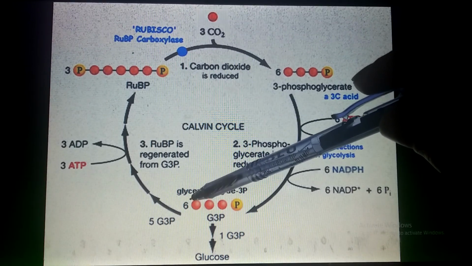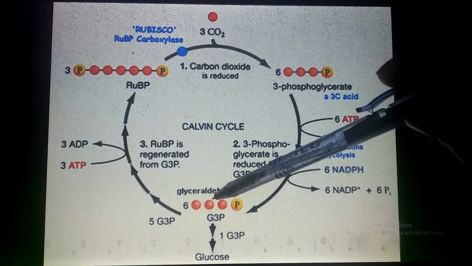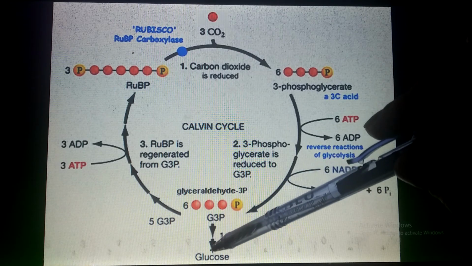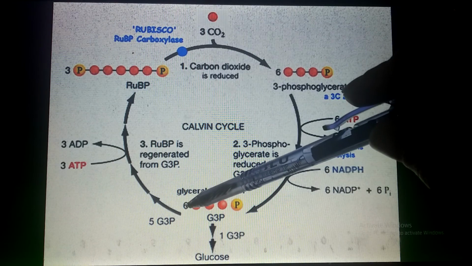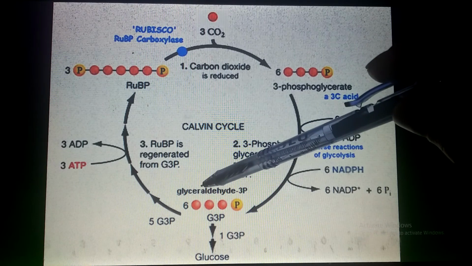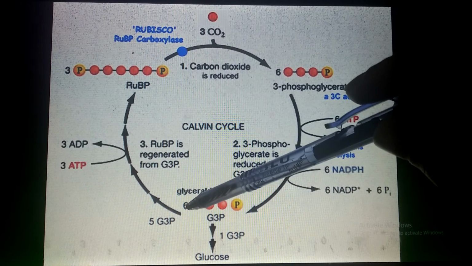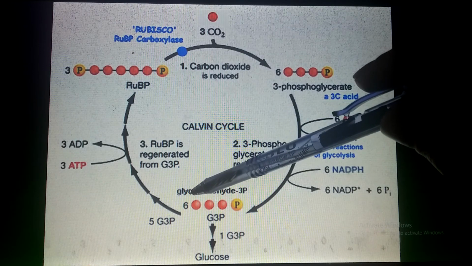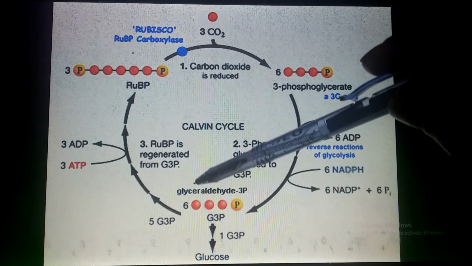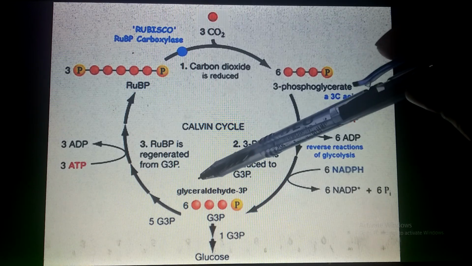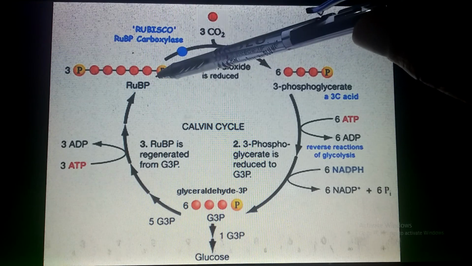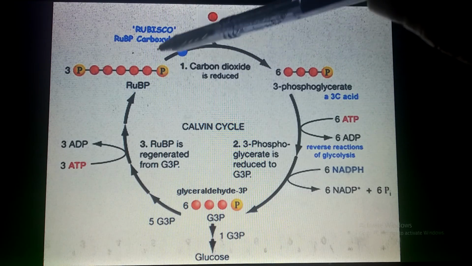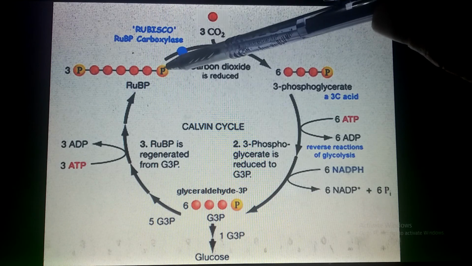Now from the 6, the phosphoglyceraldehyde produces glucose. The remaining 5, which are 3 carbon molecules of phosphoglyceraldehyde, 5 3s are 15, and these 15 carbon containing 5 molecules of phosphoglyceraldehyde are converted into 5 carbon ribulose biphosphate. Is it clear?